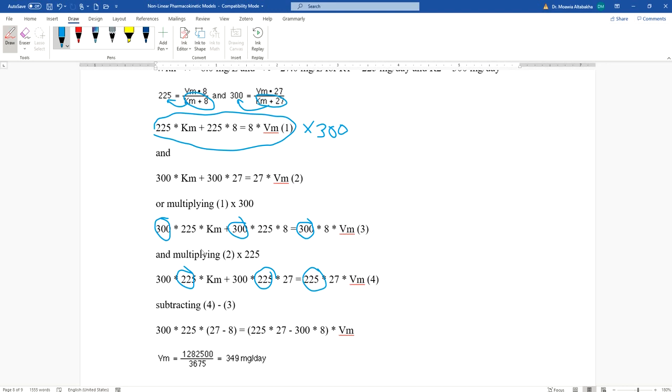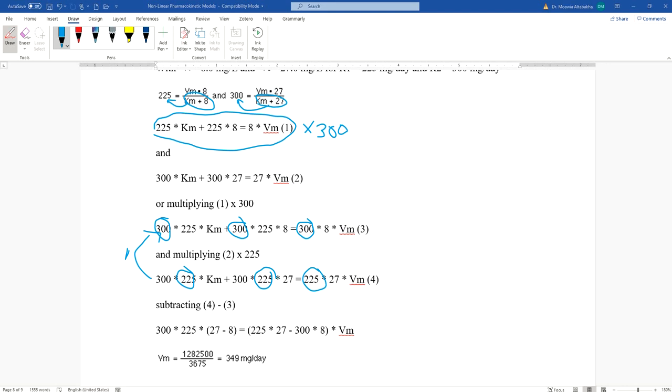Now when I did this, I was able to subtract them, taking this equation, because it has the bigger value here, minus this equation. So 300 times 225 times Km, and I have the same term here, so this goes with this. So we have 0. I can remove this and I can remove this. Now the values here and the values here.